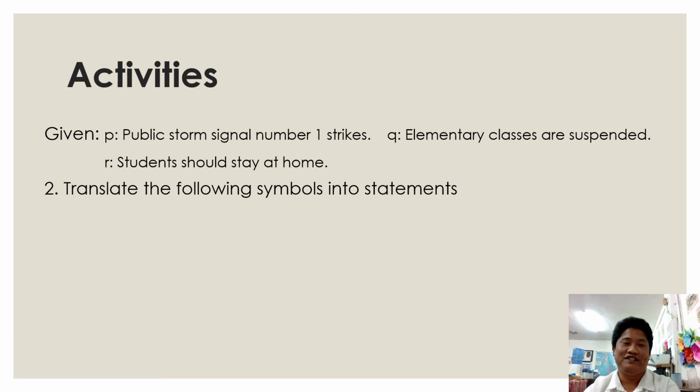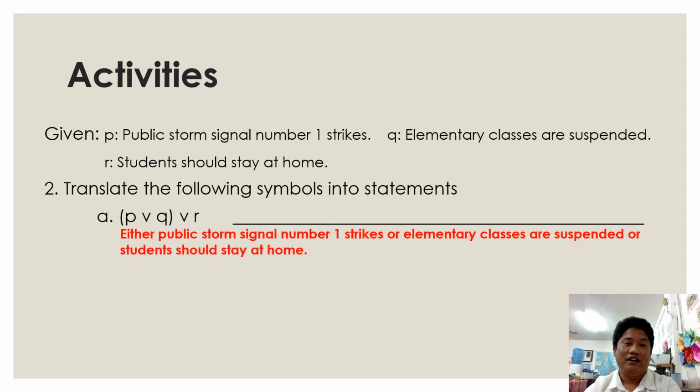Let's start with the first symbol: the disjunction of P, Q, and the disjunction of R. What would be our statement? Looking at the given propositions, the answer is: either public storm signal number 1 strikes, or elementary classes are suspended, or students should stay at home.